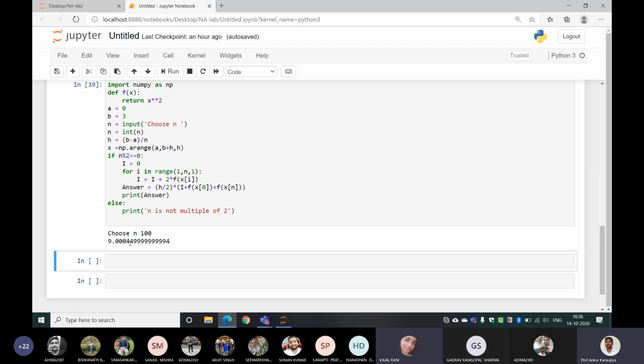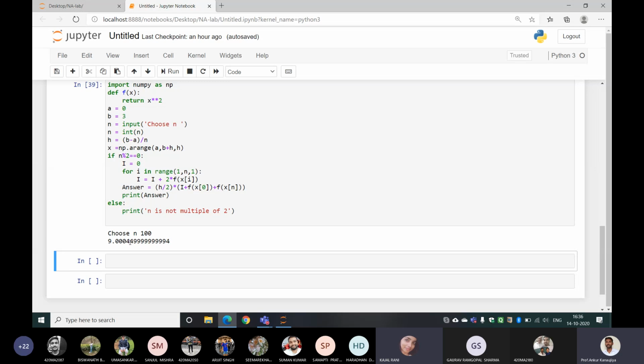8.999, all 9s. No digit is matching with the correct decimal places, because correct means all should be 0, at least 5 digits should be 0. But it is coming 8.999. So my question is, is this answer acceptable, correct up to 5 decimal places or not? Even though it is very close to 9, 8.9999.